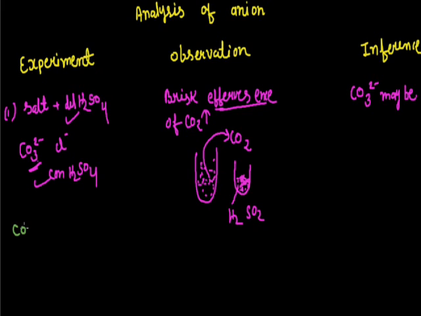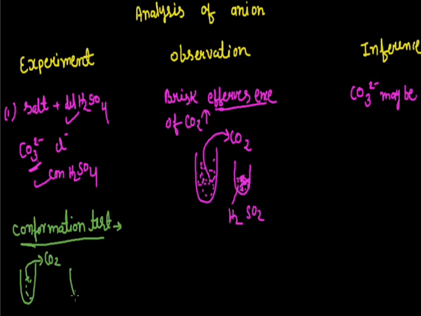For the confirmation, we simply take the CO2 gas that comes out of the test tube with brisk effervescence and pass it into lime water. The CO2 gas is passed through a second test tube which contains lime water.